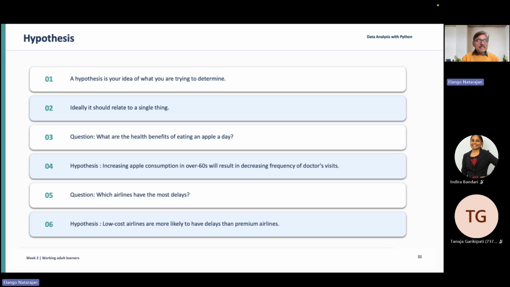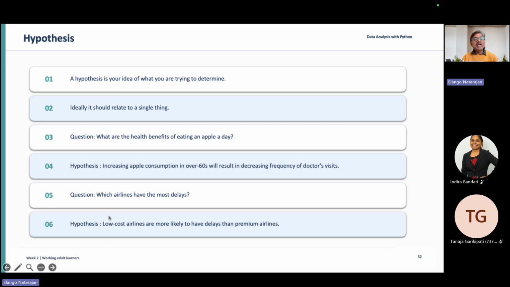When you notice that the significance of your data is related to the question that you have formed, the hypothesis, you will decide whether to accept or reject the hypothesis. The hypothesis is your idea of what you are trying to determine. It will ideally be related to some particular thing.